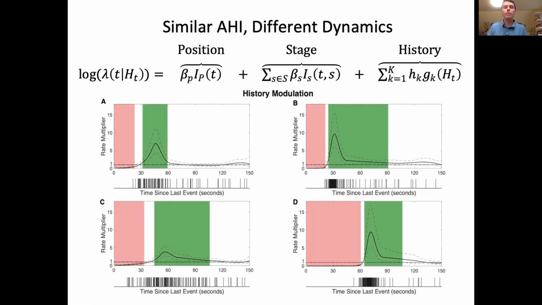What you can see is that the pattern of, say, refractoriness and of excitability of these events is quite different for these subjects of the same AHI. In this case, you have a very large increase in the probability of an event very quickly, after about 30 seconds. In a case like this, you have a much subtler increase in the probability of an event that's delayed quite a bit.